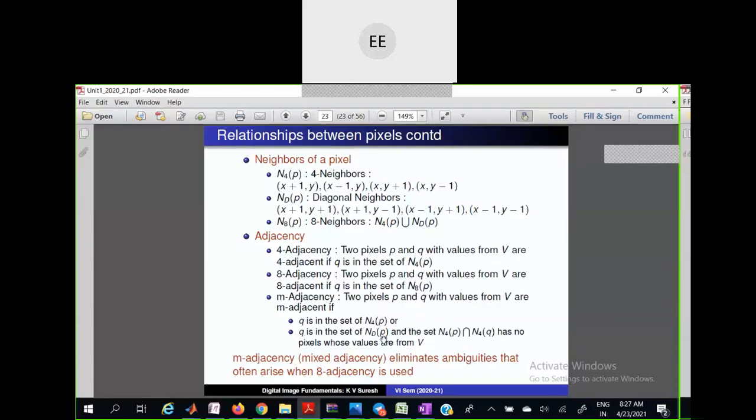Q can be a diagonal neighbor of P. But what is important is the 4 neighbor of P and the 4 neighbor of Q, the intersection of them has to be null. That means there should not be any pixel which is common to the 4 neighbor of P and the 4 neighbor of Q, which are from value V.